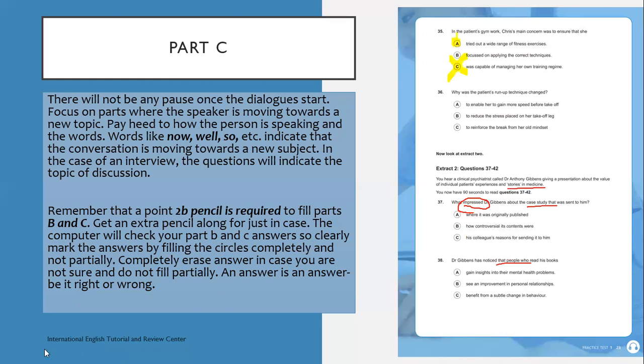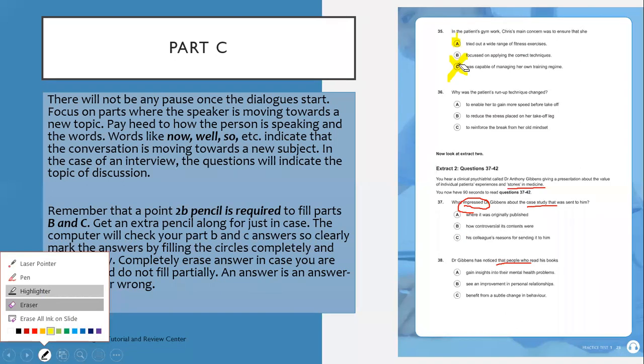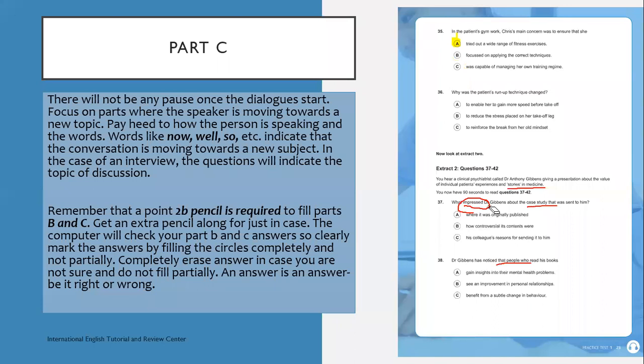So for you to get a good mark, erase it neatly. An answer is an answer, be it right or wrong.